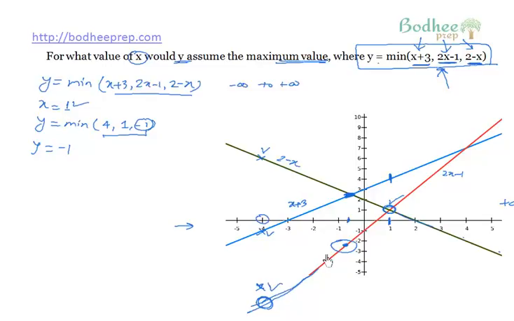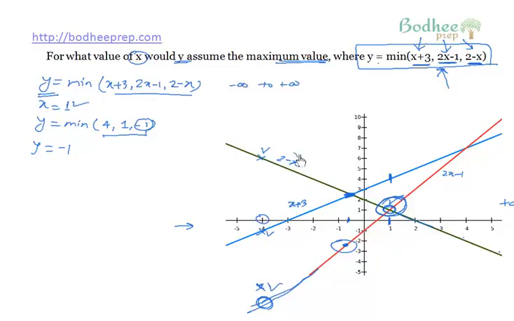So what we have observed is that if I want to draw this function, y is the minimum of these, it will be the red line till x equal to 1, and the green line from x equal to 1 to plus infinity. So the maximum value y can take is at the intersection of the green and red lines.